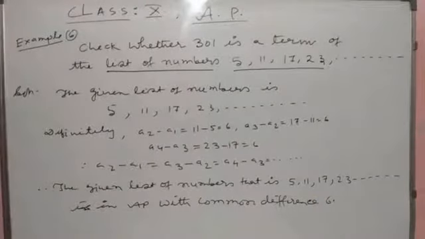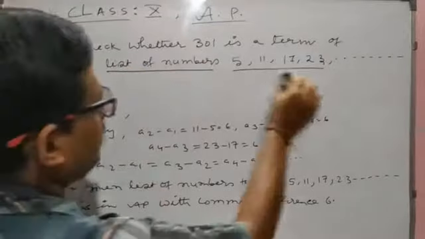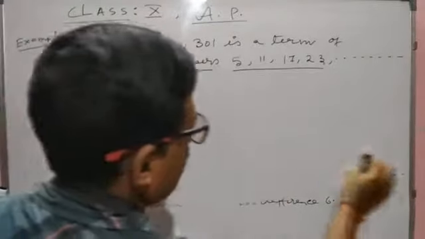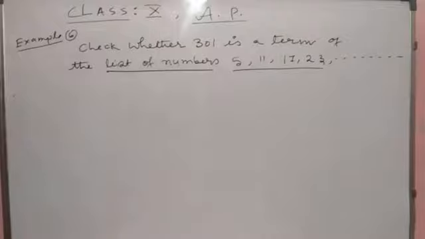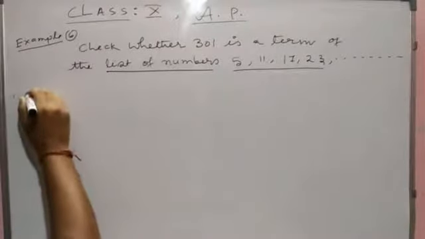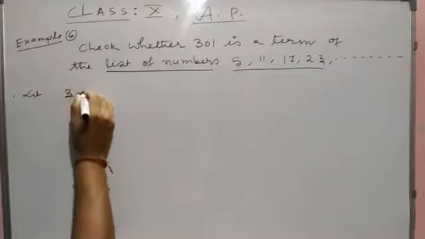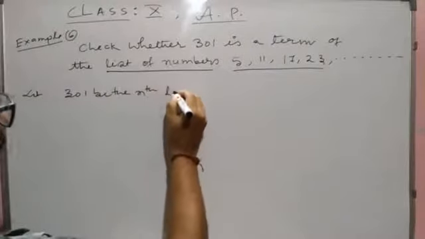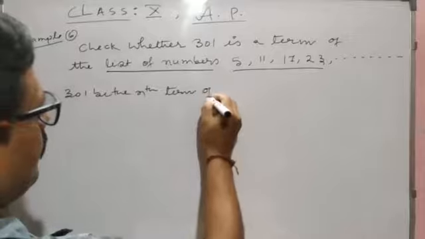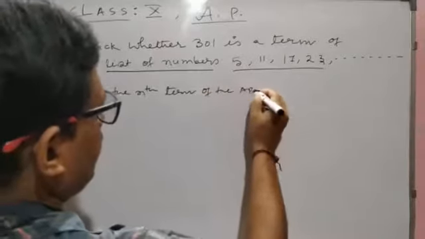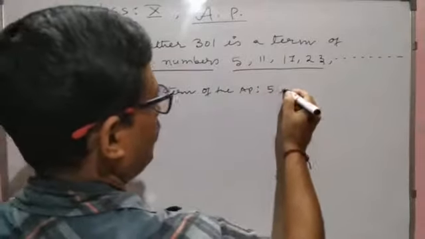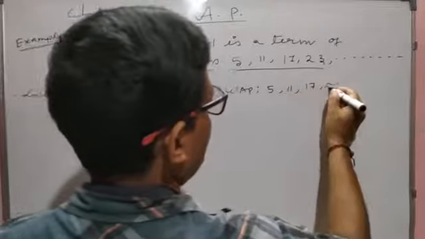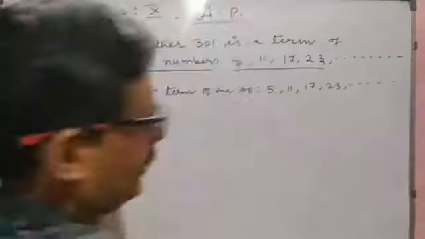Now let 301 be the nth term of the AP 5, 11, 17, 23, dot.